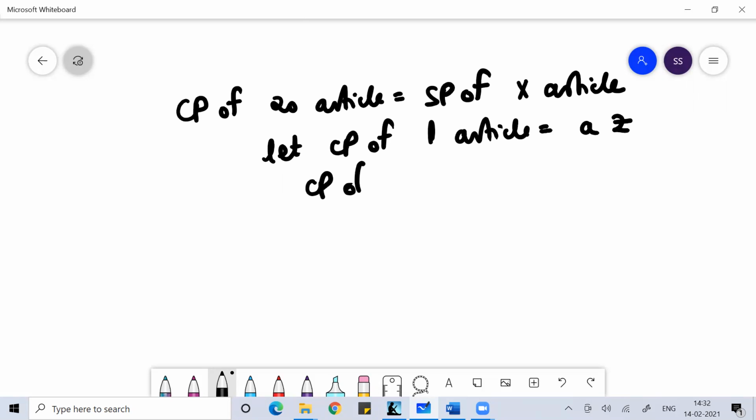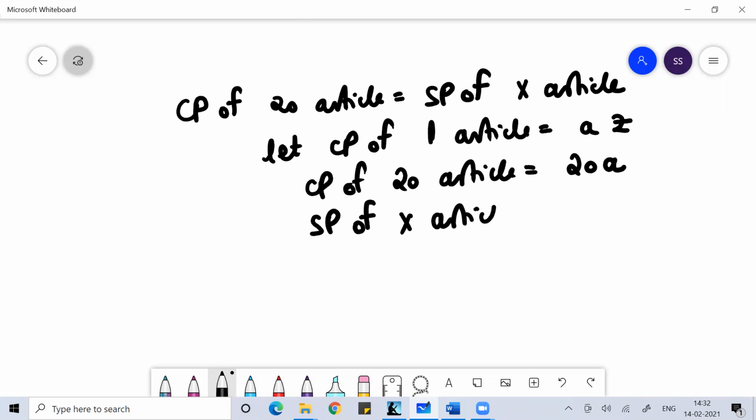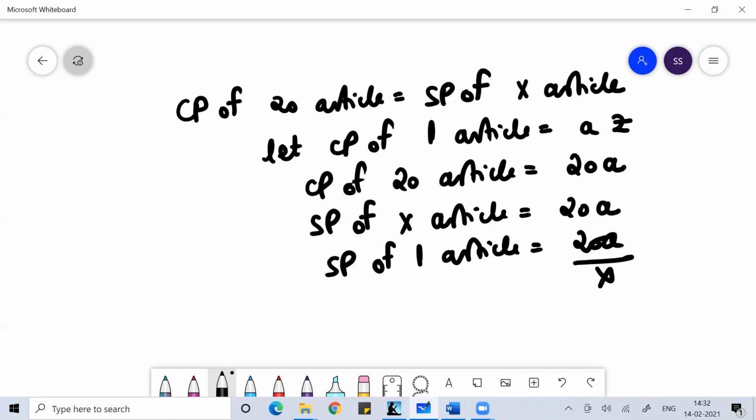Then the cost price of 20 articles will be 20A, correct? So I can say that the selling price of X articles is equal to 20A. Then the selling price of one article will be 20A by X, correct?